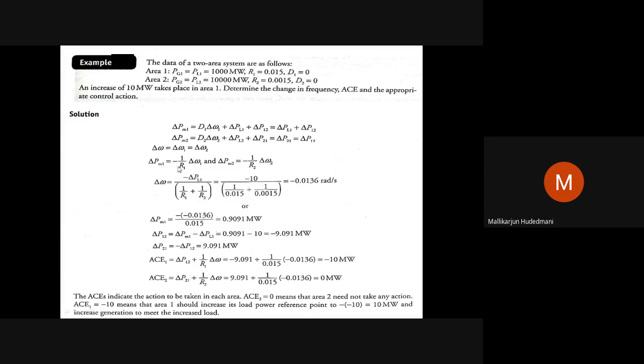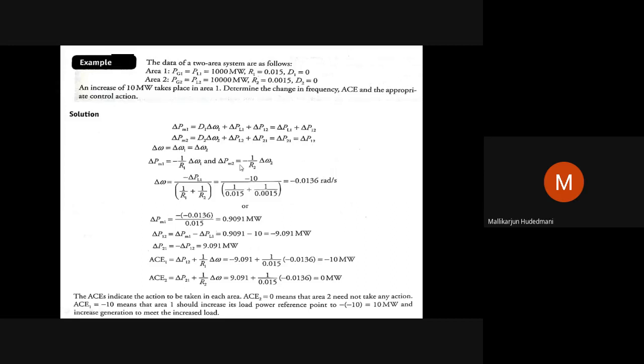According to the droop, there will be a proportionate pickup in the mechanical parts of the generating and turbine mechanisms. So delta PM1, the mechanical energy balance being taken here, is the deviation experienced by that area, delta omega 1 divided by R1, negative, because of the negative droop. Which is minus 1 by R1 into delta omega 1.